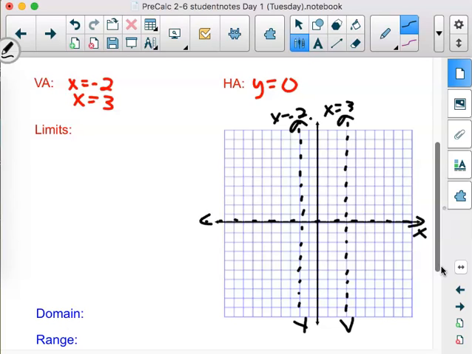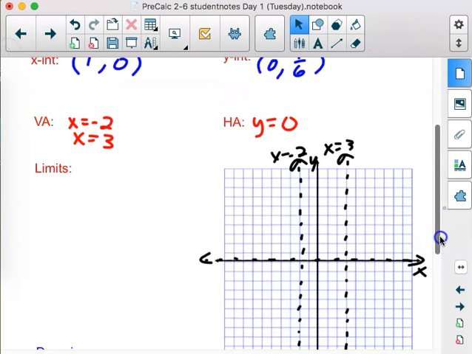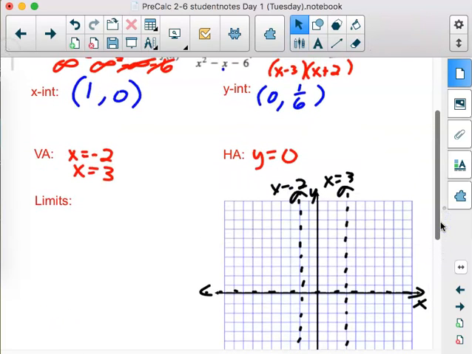And like yesterday, it might be helpful for you to have a different color to do the asymptotes with, because it really does get hard to see when you are on the x or the y axis there. Now, we know a couple of points: 1, 0 and 0, 1/6.